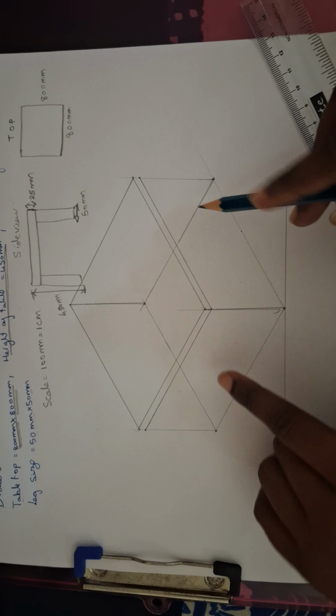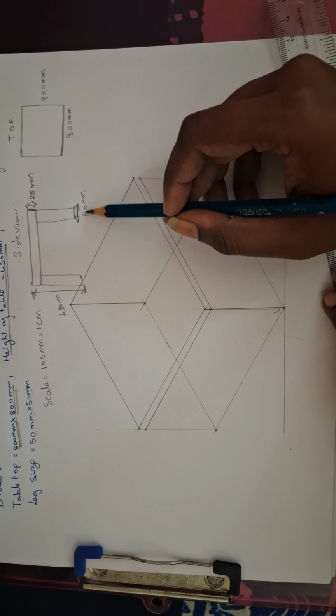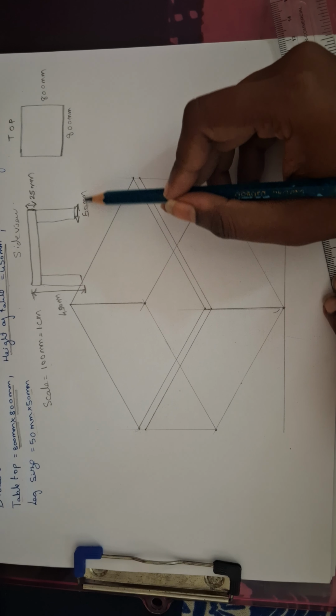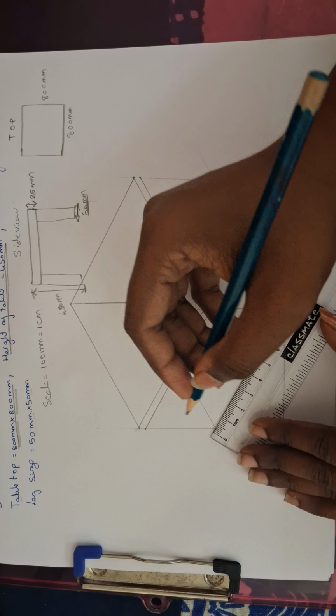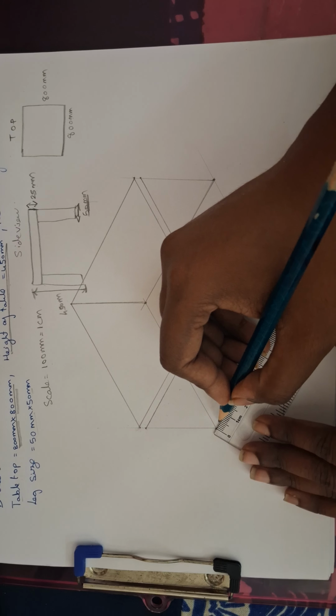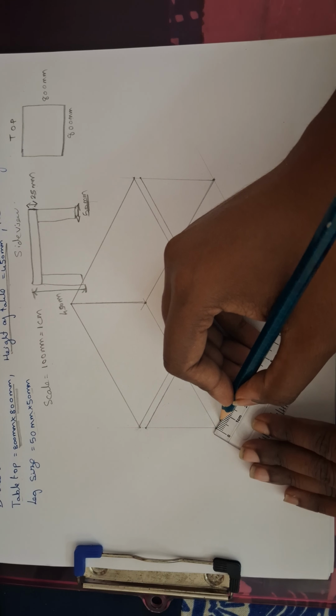Now we have to draw the leg, and the leg size is 50 mm. So 50 mm will be like 5 mm using the normal scale.